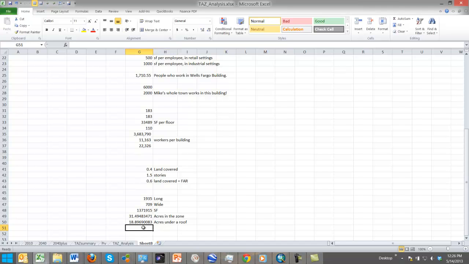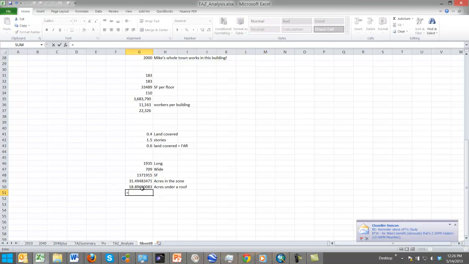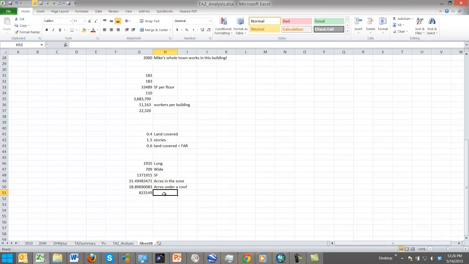And then I multiply that by 43,560, which means I have this many square feet of commercial space in the zone, probably. And so 800,000 square feet, that's kind of a lot.